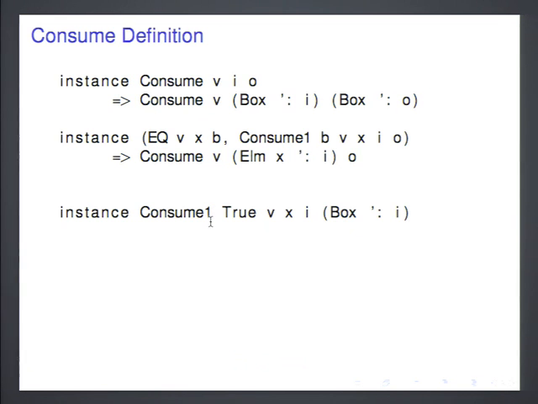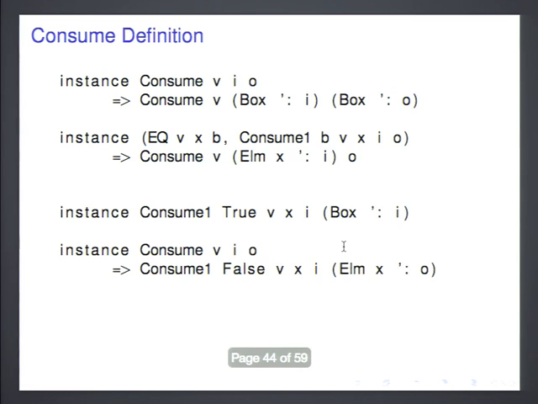And then for this consume one, if V and X are the same, which will be the case if this is true, then just return box and I, right? Because the head of the input context matches the target. Otherwise, just continue looking and return the element.